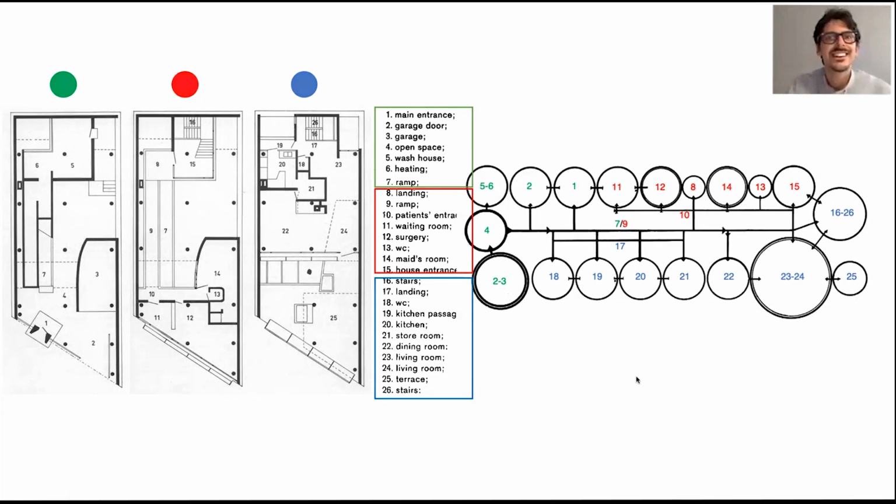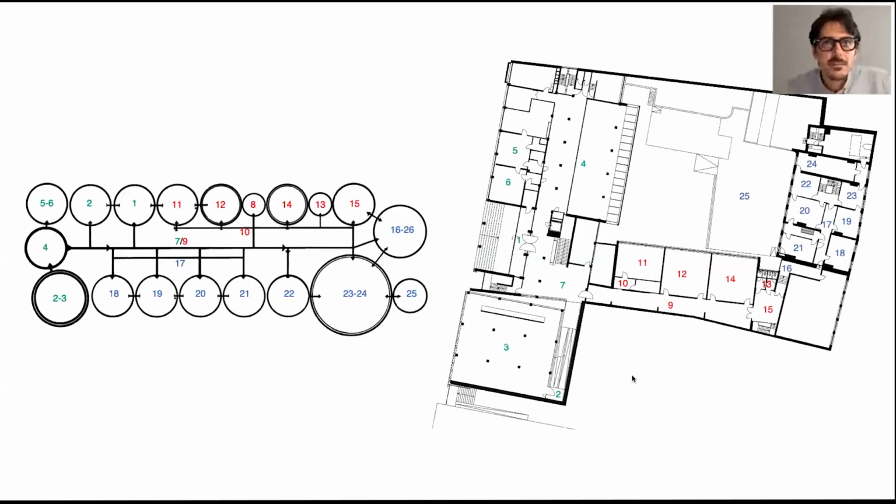Then the third step is, in order to evaluate the true generality of this diagram, I wanted to place these functions into the plan of the Maastricht Academy of Arts and Architecture, by Villaretz. So this is basically the school that is your school.